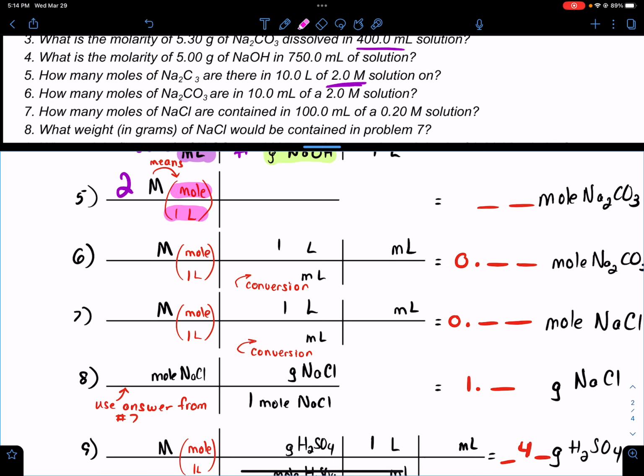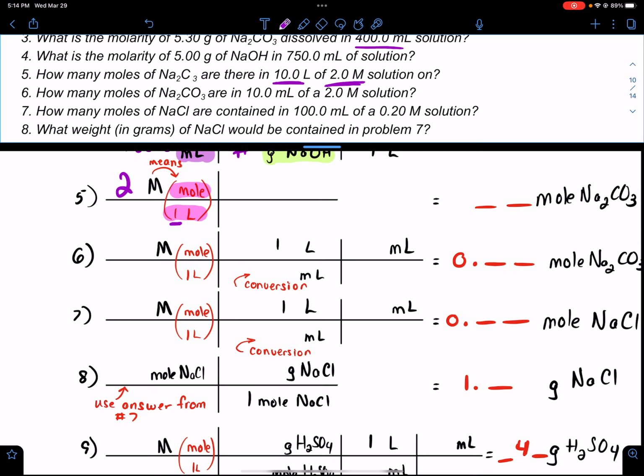Now, why did I put this down? Because if we have the 1 down here already, that means that this bottom portion already has a number, and you should not put anything else there. There is 1 liter there. So when we go to put in this volume of 10 liters, the question is asking, how many moles do you have? You got to get rid of the liters, don't you?